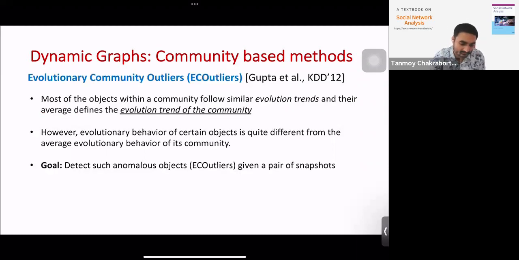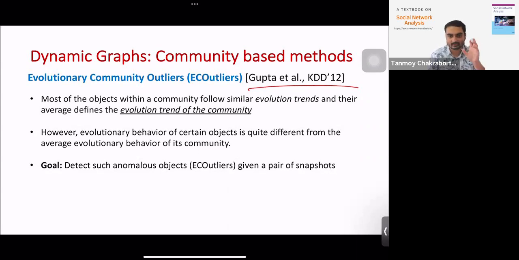Okay, so the algorithm that we discussed here is called evolutionary community outliers, EC outliers, and this was proposed in 2012 in KDD. So what's the idea? The idea is that most of the objects within a community follow similar evolution trends, which is very obvious.